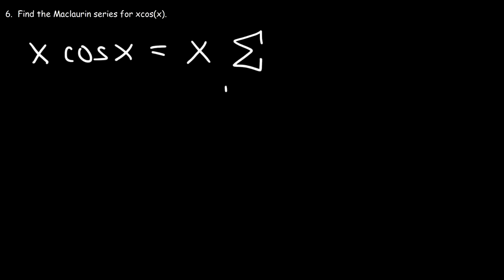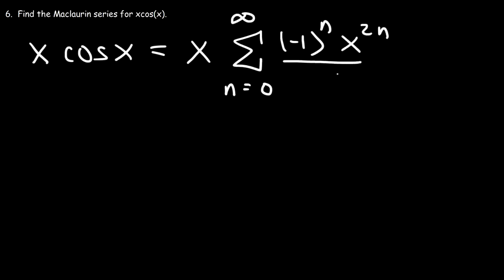Now let's try this one, number 6. Find the Maclaurin series for x cosine x. So how can we do this? If you recall, the Maclaurin series for cosine x is this expression. It's going to be the power series of -1 to the n times x raised to the 2n divided by 2n factorial.